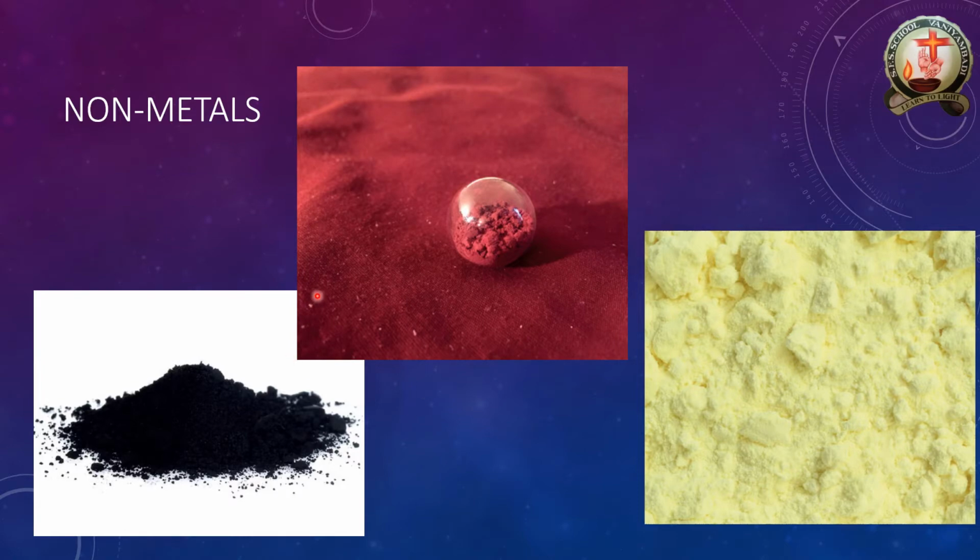Now what is meant by non-metal? We know metal, but non-metal means it does not come under the metal property. Non-metal properties are apart from metal. For example, we have carbon powder and silicon in powdery form, and all of them come under easily breakable substances.